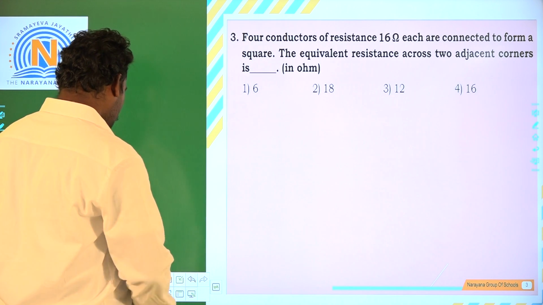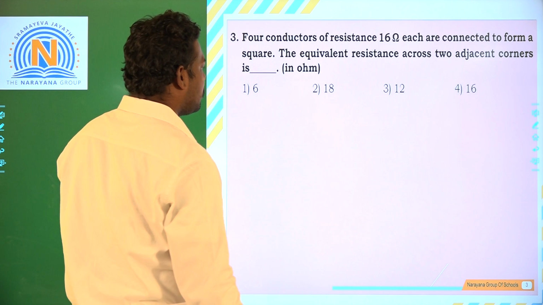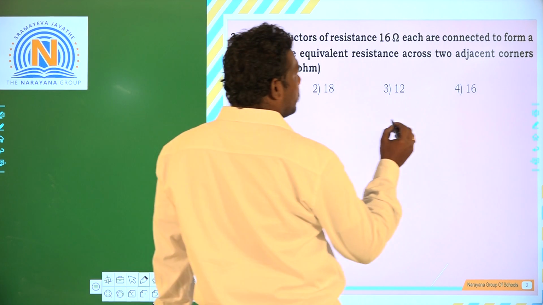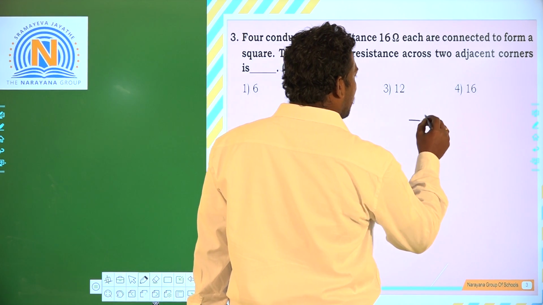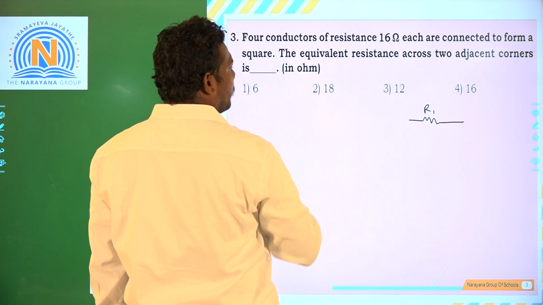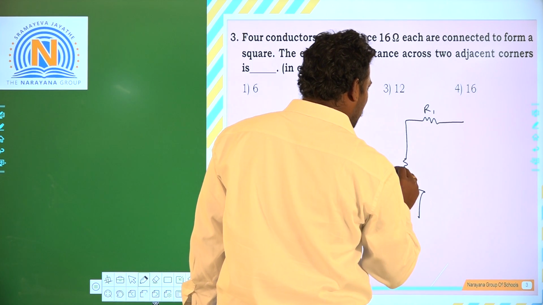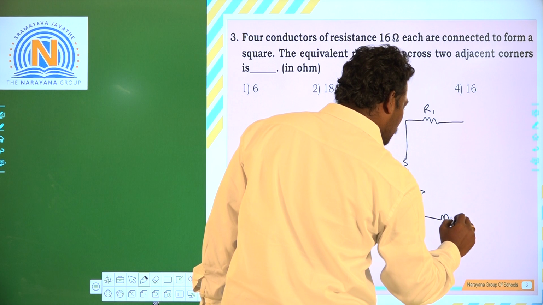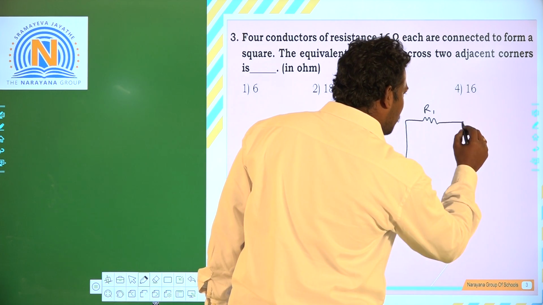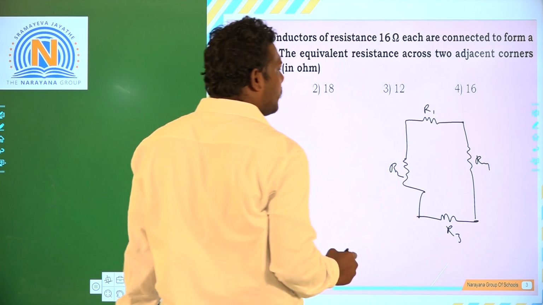4 conductors of resistance 16 ohms each, let us say this is R1, are connected to form a square. Let us say this is R2, R3 and R4, to form a square.